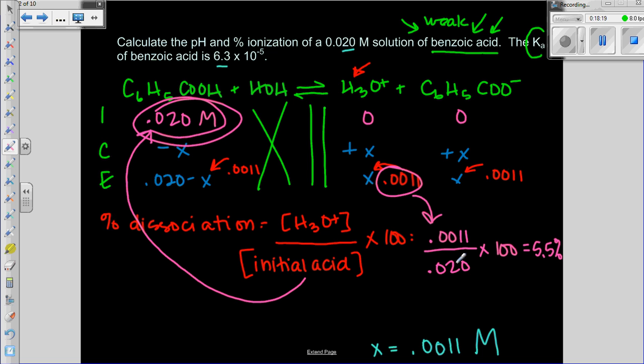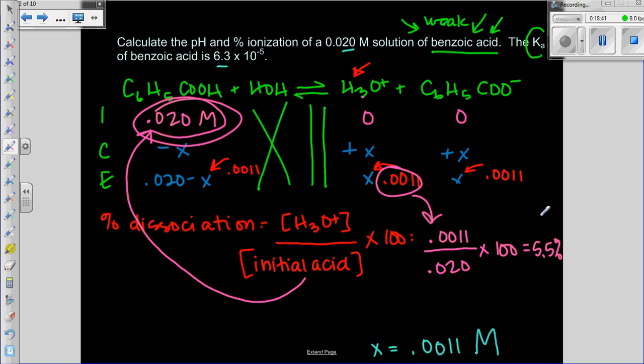5.5% dissociated. Okay, so if we think about this, if we had a strong acid, that would be 100% dissociated. So 100% of this initial concentration would be over here. But we have a weak acid instead, so it's only partially dissociated.